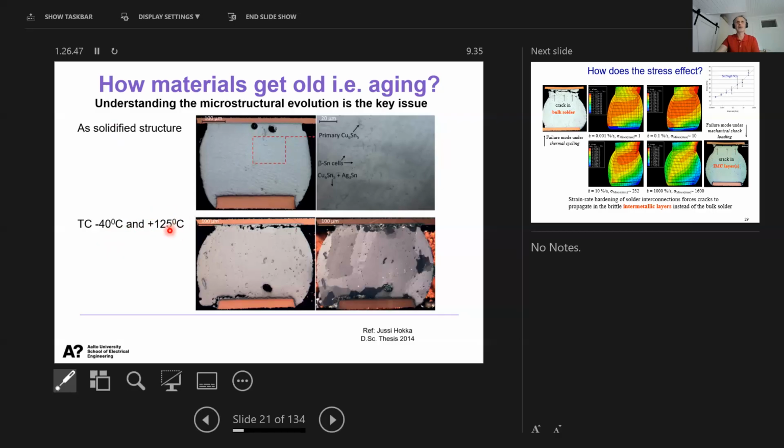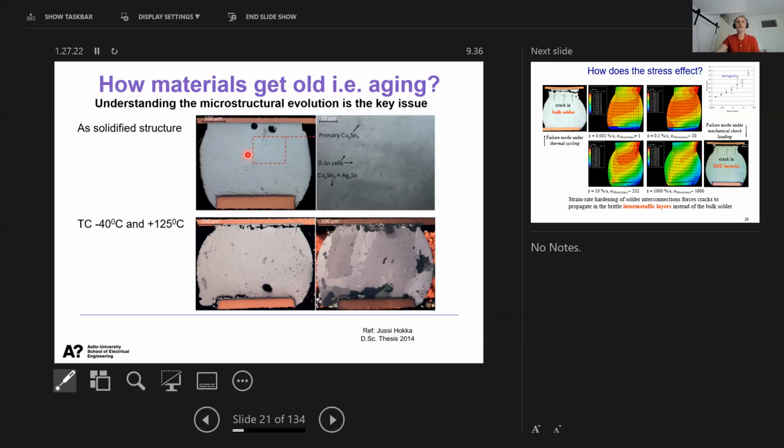After 1000 cycles, which in this case was about 41 days, a little more than 1 month, cracks are growing, but also the actual microstructure is completely changing, meaning that the strength of the solder has decreased drastically.